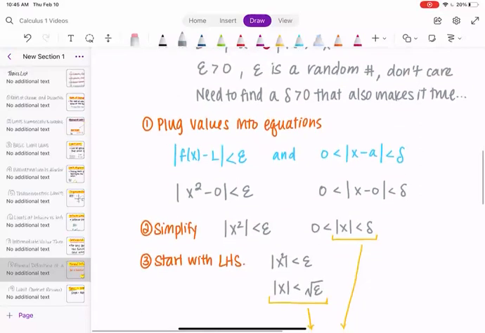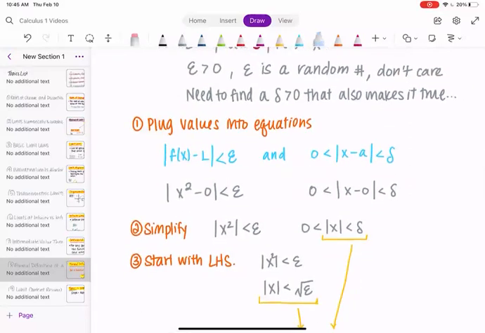So first of all, we have to plug the values that we just found into our equation. So that's what I did here. We plugged in f of x becomes x squared. We're given L is 0. Epsilon and delta will stay the same. X is still x, that's the variable we're working with, and we're given a is 0.